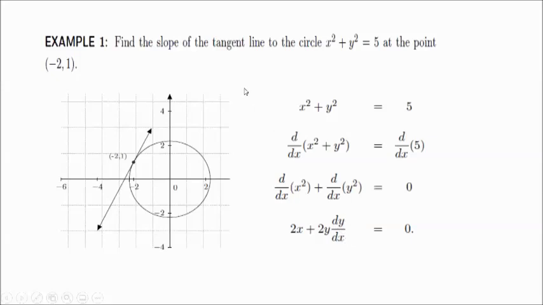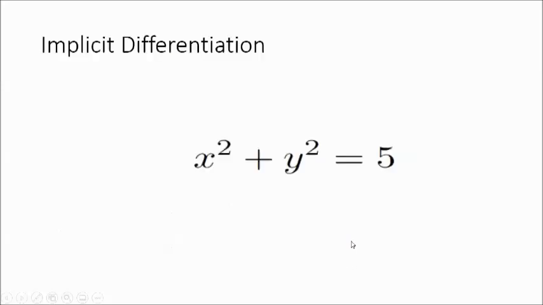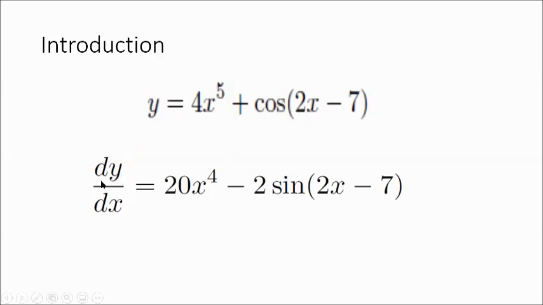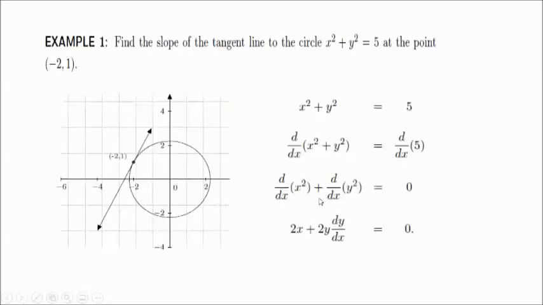Kasi standard lang yung y tsaka x, class, di ba? So ito yung kinukuha natin, di ba? Yung dy over dx, class. Yung y prime, ito rin yun, di ba? Ito yung kinukuha natin. So kung meron na tayong ganito, lumabas na yung dy over dx, we can just arrange the equation to get dy over dx.